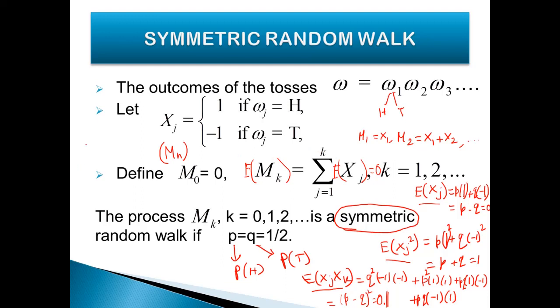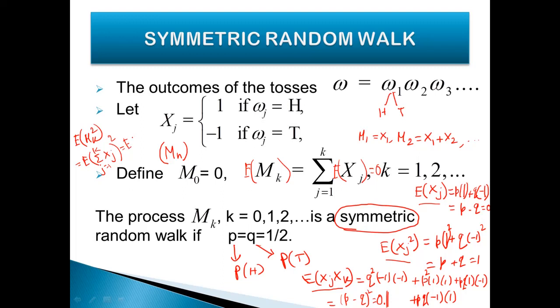Now if you consider the expectation of m_k square, what will you get? Maybe I write here. The expectation of m_k square means the expectation of the summation of x_j, j equals 1 to k, this whole thing square.